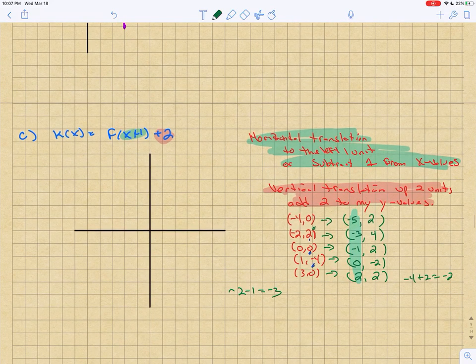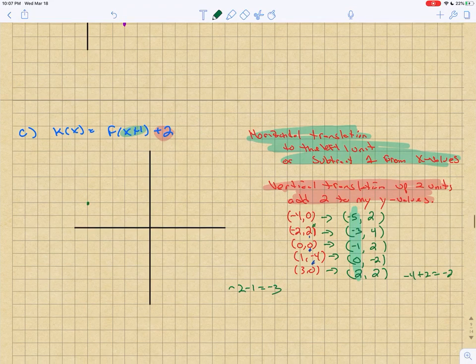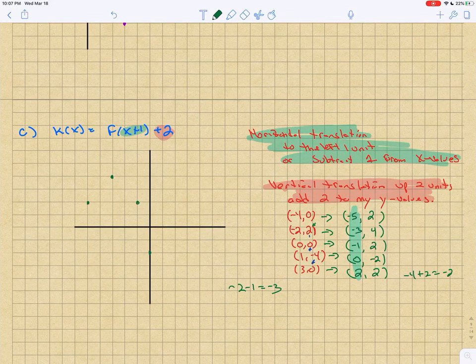So now let's look at what this function looks like. -5, 2; -3, 4; -1, 2; 0, -2; and 2, 2.